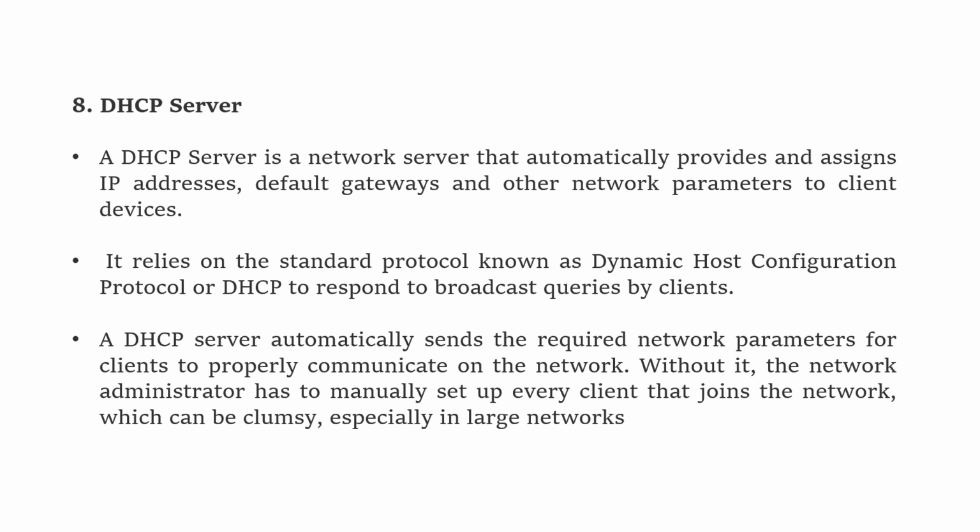A DHCP server automatically sends the required network parameters for clients to properly communicate on the network. Without it, the network administrator has to manually set up every client that joins the network, which can be clumsy, especially in large networks. This is the role of a DHCP server.